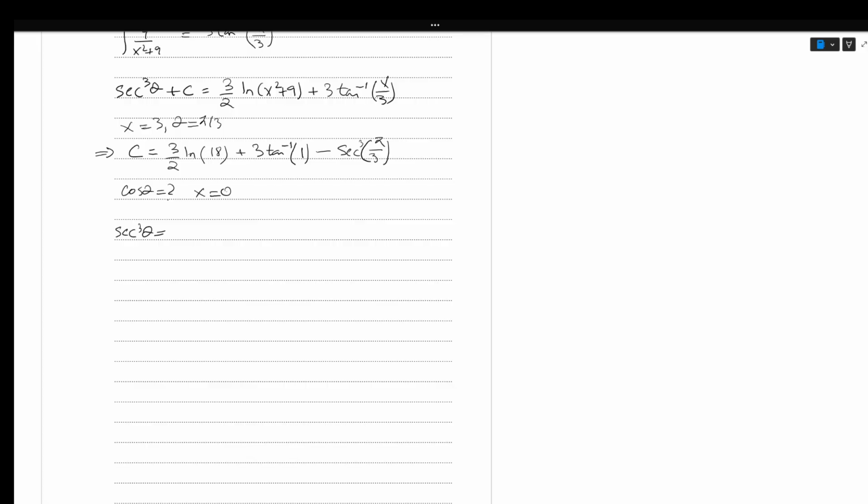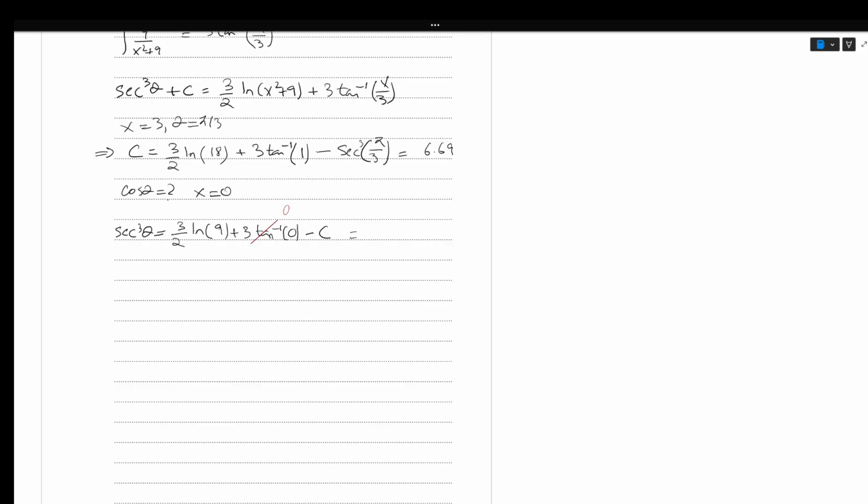Sec cube theta would be 3/2 ln 9 plus 3 tan inverse of 0, which is simply 0, minus c. और c की न्यूमेरिक वैल्यू मैं वहाँ लिख देता हूँ, 3/2 into ln 18 plus 3 tan inverse of 1, it is 6.69.